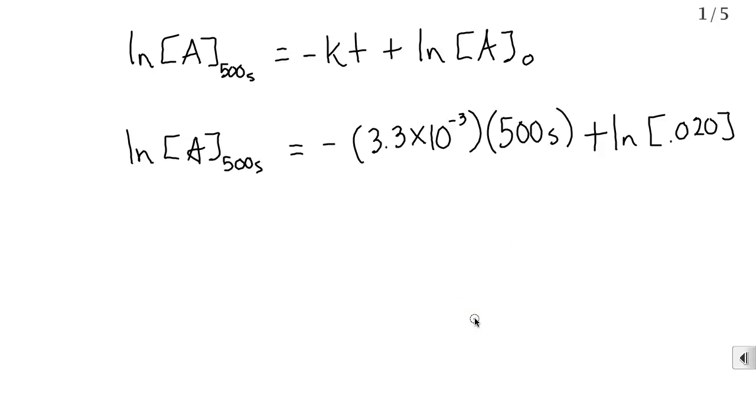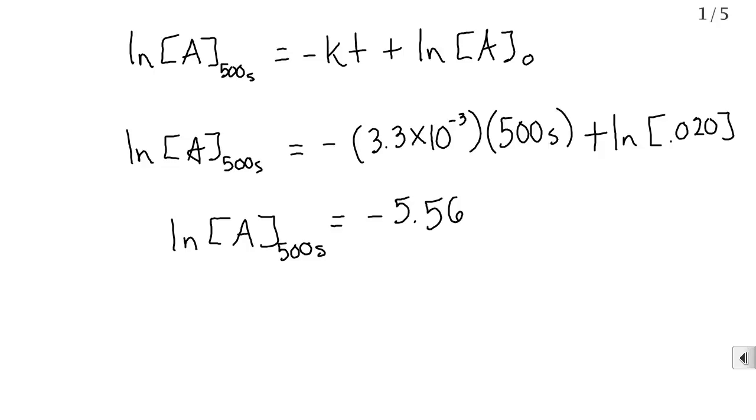Then I'm going to add parentheses, the negative, the natural log of 0.020, close parentheses twice, and you end up getting... Make sure you get negative 5.56 in your calculator, okay?